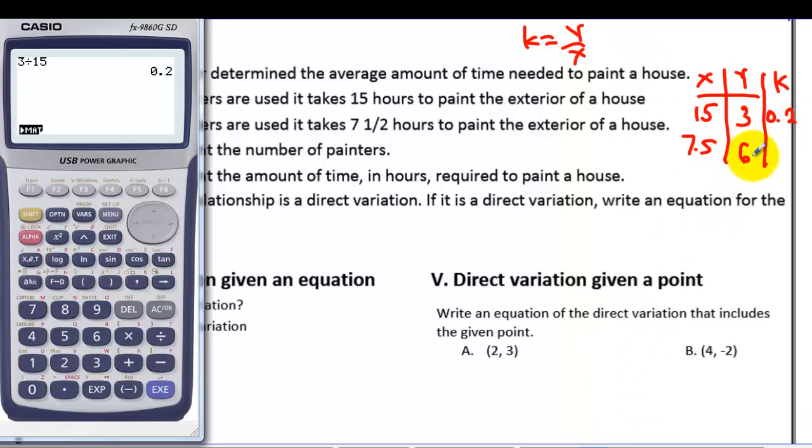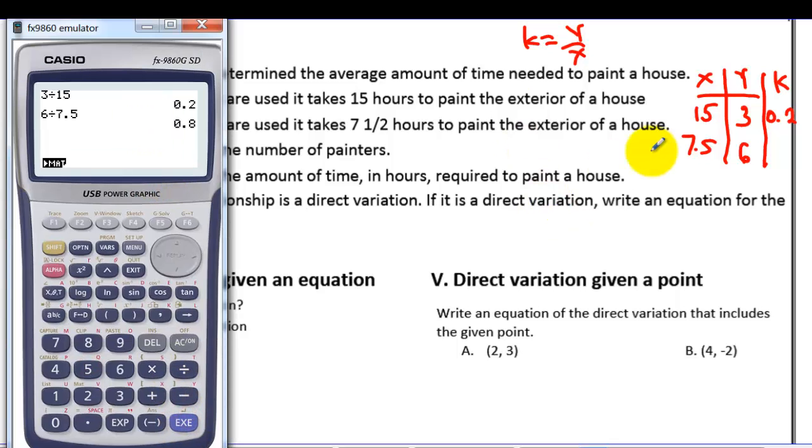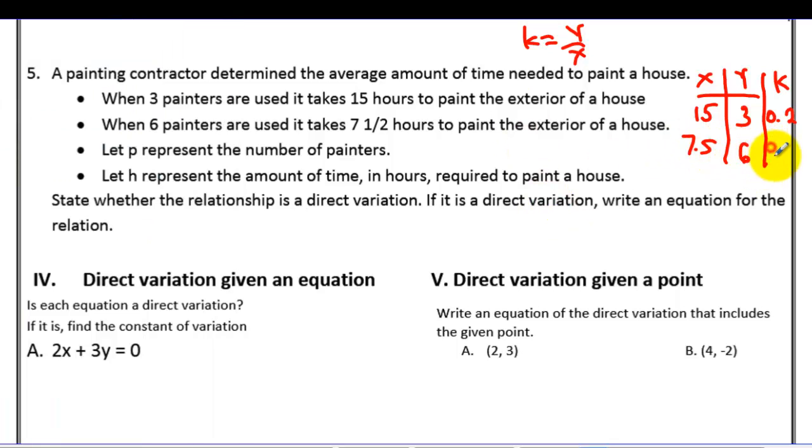Next, let's divide y by x, 6 divided by 7.5, and we have 0.8. Since we don't have the same k, this relation is not a direct variation.